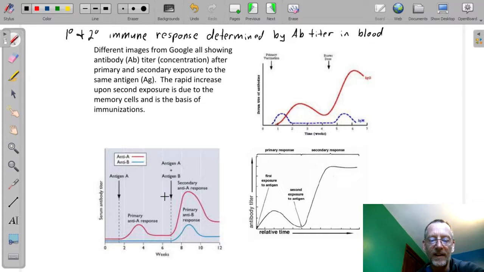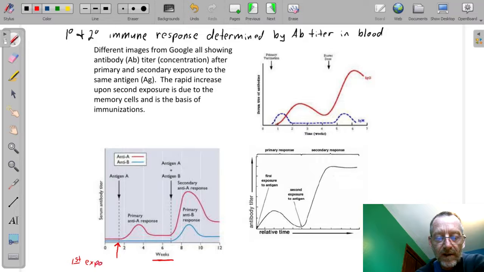So the bottom left figure, this might be the easiest one to start with. So note the scale. We're talking about weeks across the bottom, so 0, 2, 4, 6, 8, etc. And at this point in time is our first exposure to the antigen, to the pathogen.